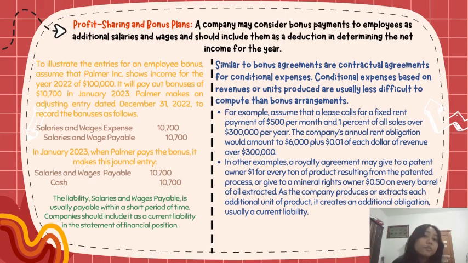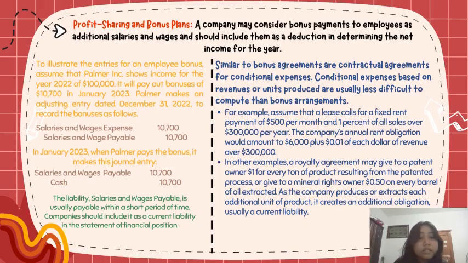And then similar to bonus agreements are contractual agreements for conditional expenses. Conditional expenses based on revenues or units produced are usually less difficult to compute than bonus arrangements. This is the example.